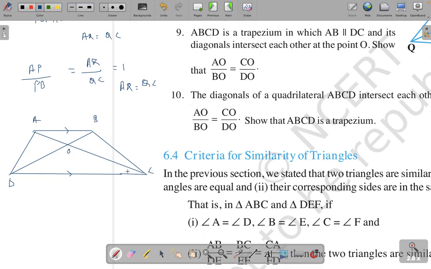So we can first take triangle ABC. Over here, we cannot use BPT, only because one side is divided into two parts.